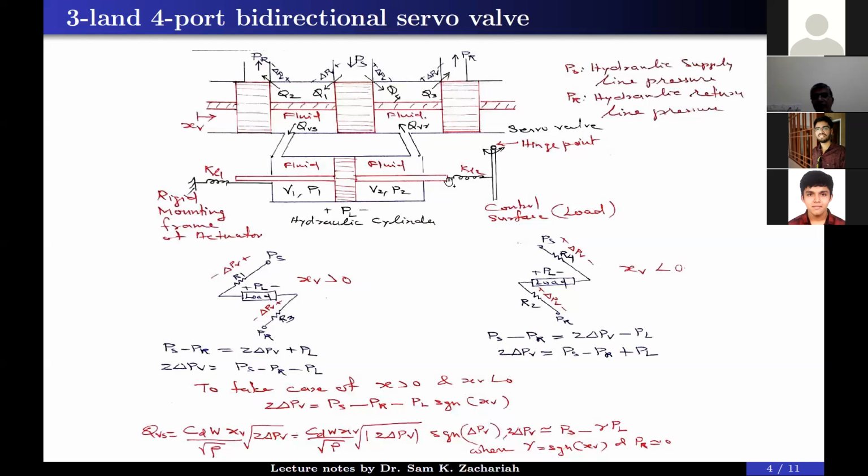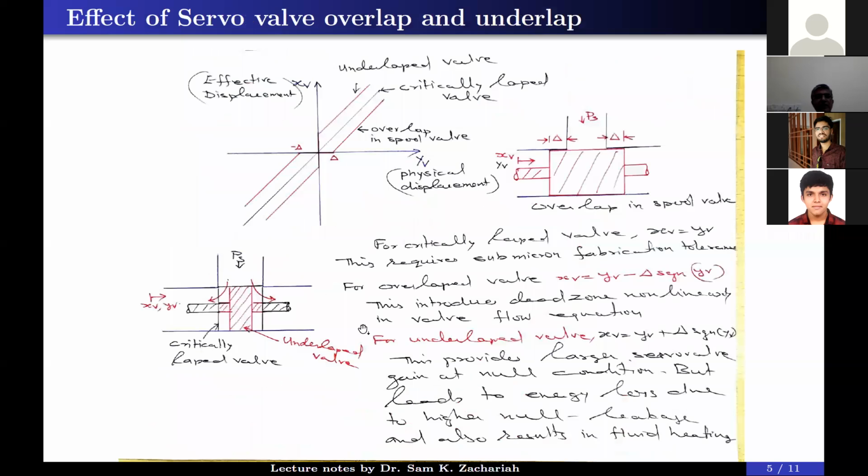If you are driving from the load side, you know that P2 will increase and P1 will decrease. Similarly, if the pressurized fluid supply is driving, so the internal drive comes, then P1 will increase and P2 will decrease. The amount by which P1 increases and the amount by which P2 decreases will be equal and opposite. The delta change will be equal and opposite because we assume a symmetric condition. This is the explanation for that.